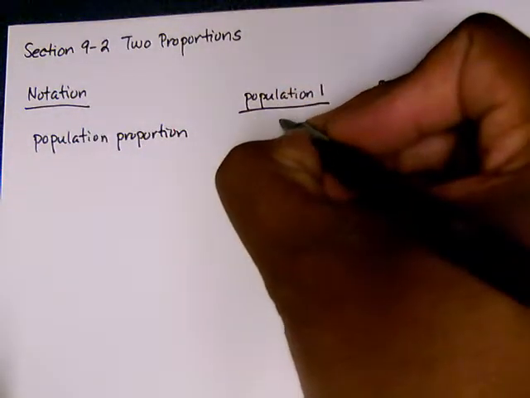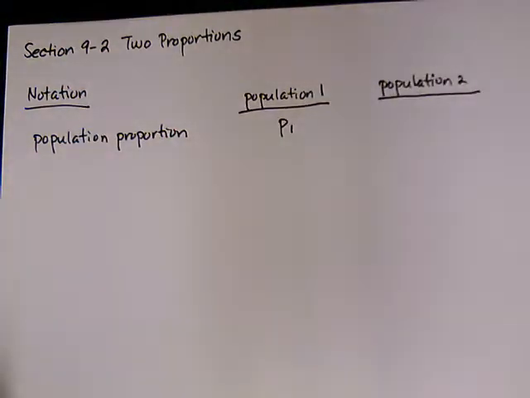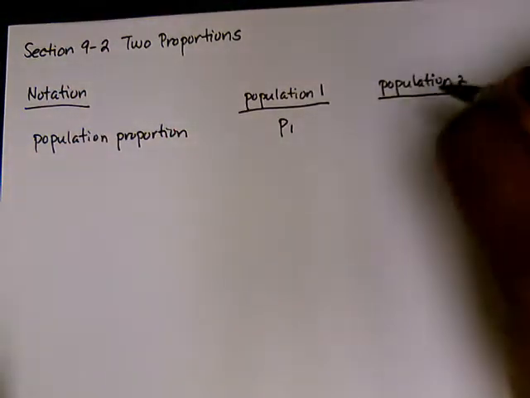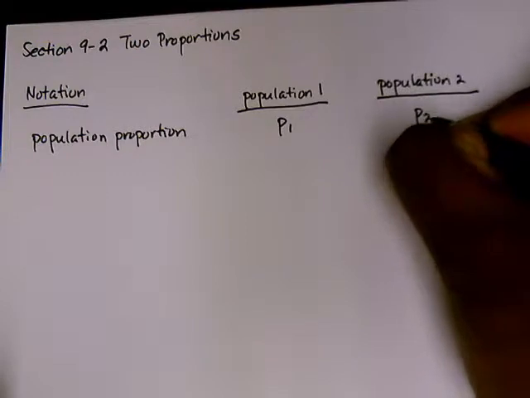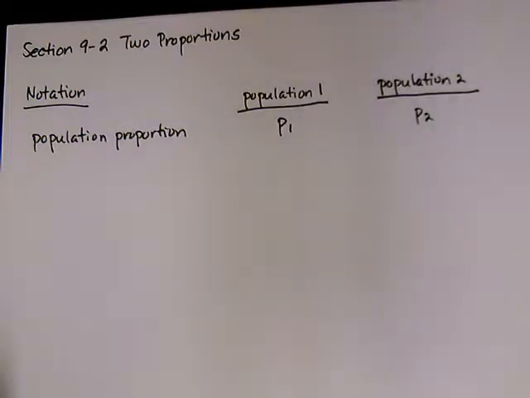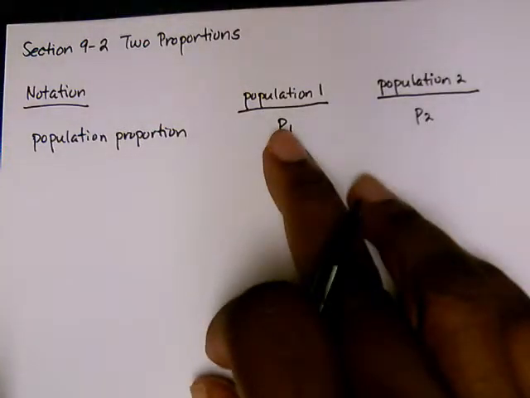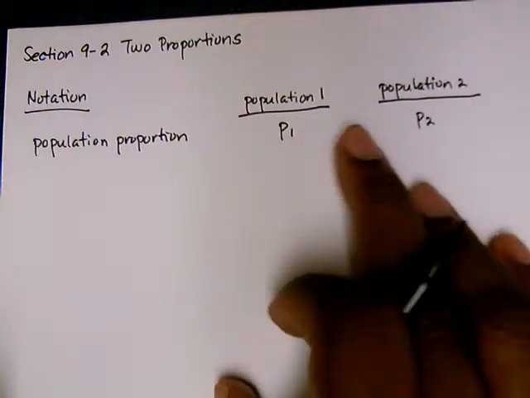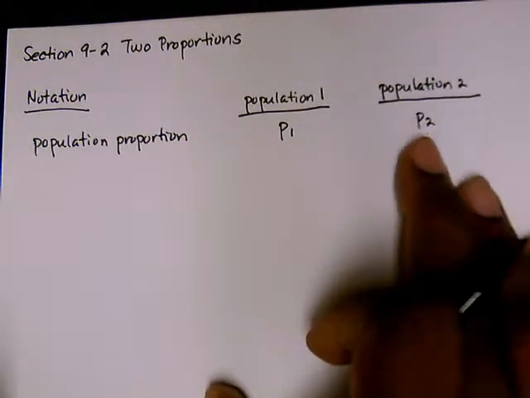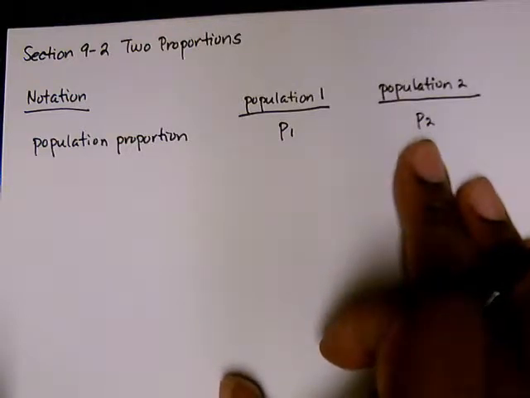then the notation for population 1 would be P sub 1. That would be the first population, and then P sub 2 represents the second population proportion. So P1 is the first population proportion, P2 is the second population proportion.